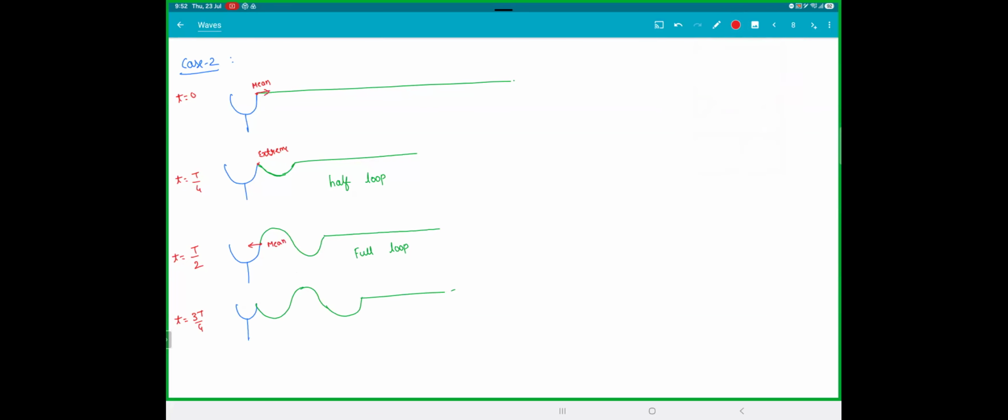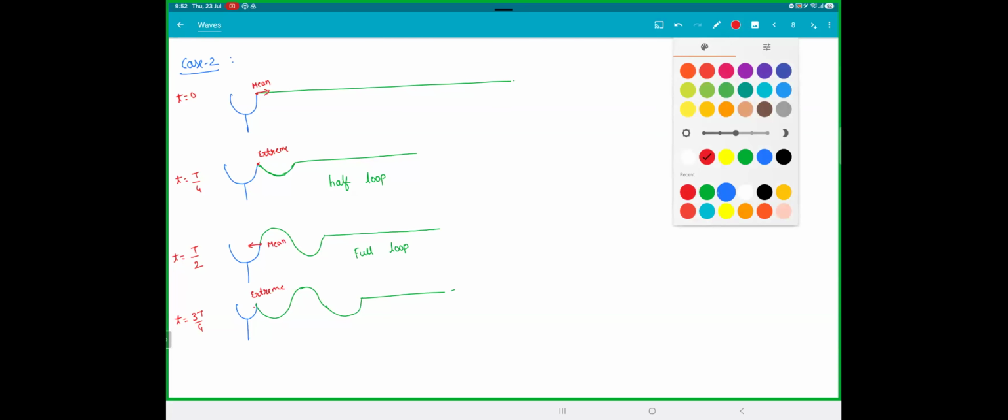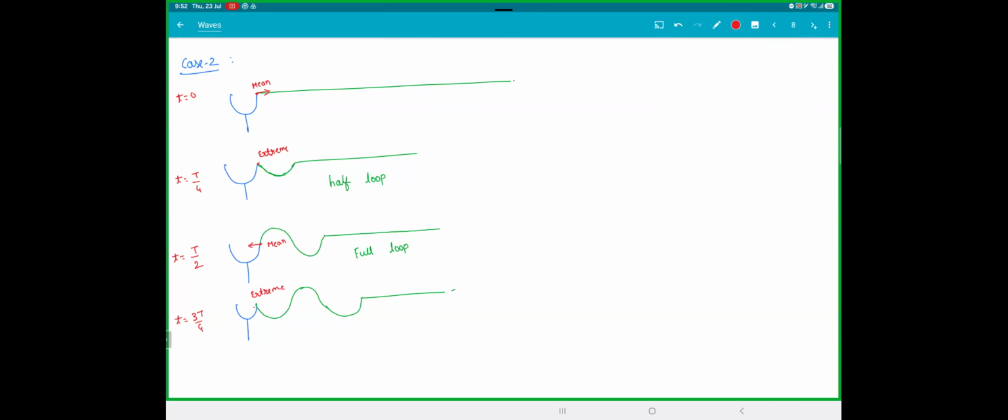You're going mean, you're going forward. You are again at the other extreme. See, understand, as the wave is generated, the wave will keep going forward. Wave will not stay there. It is going forward and you're generating continuously. So once the wave goes forward, that string again becomes kind of like flat only.